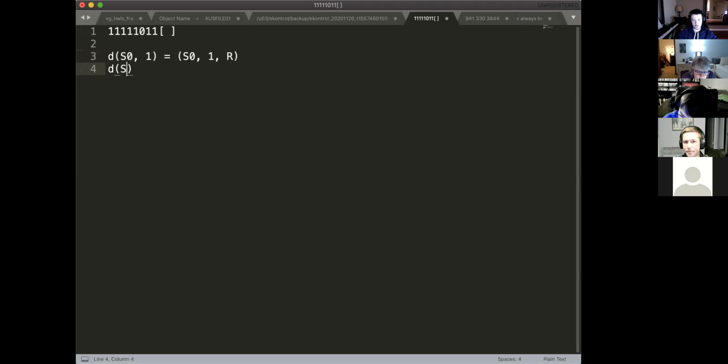Yep. Okay, and then S0, 0 would also be S0, 0, right? And then the S0, let's call it lambda, right? That would be an S1 lambda left, right?